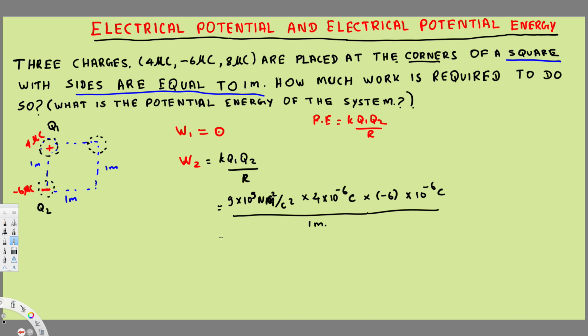If you calculate this, you will get negative 216 times 10 to the power of minus 3 joules. So this is our first when we place this one.